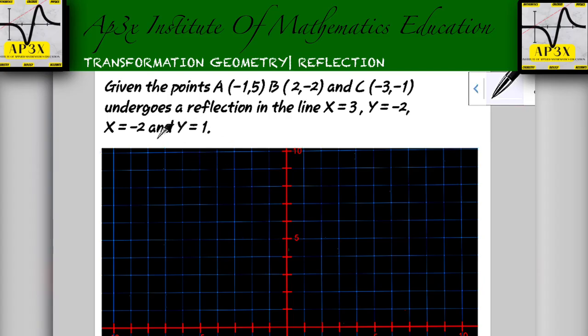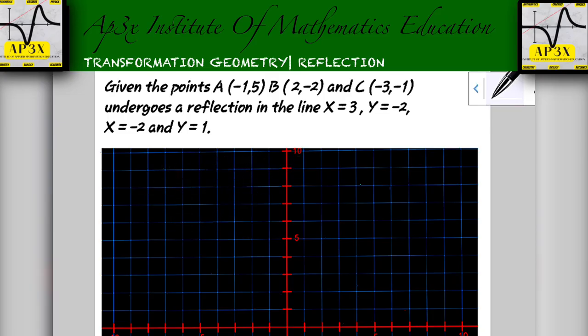So of course we're going to be reflecting this particular shape that is going to be formed across these non-standard mirror lines. This section of the video is where we're going to be calling this non-standard reflection.